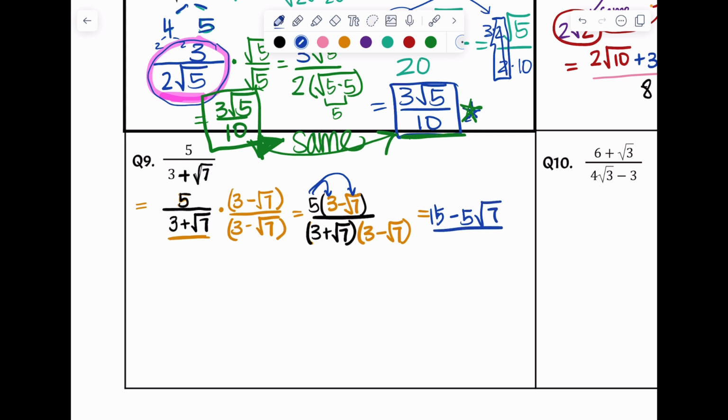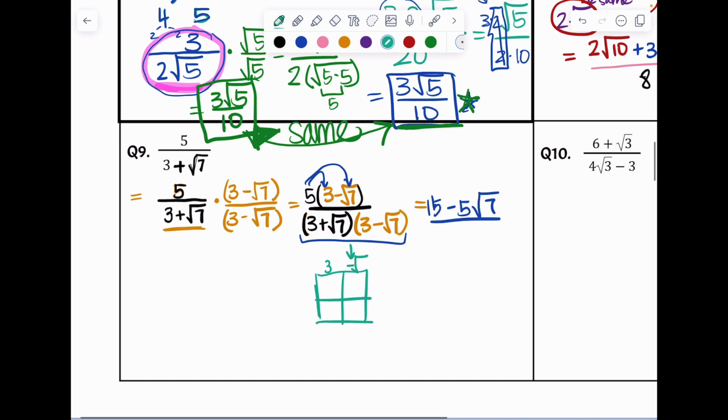Over. This part right here needs to be done using the area model. Area model is our quick way for us to multiply binomial by binomial, or binomial by trinomial, or trinomial by trinomial. It may be any kind of polynomial being multiplied together, and it would make your life so much easier because there would be less mistakes happening within these.